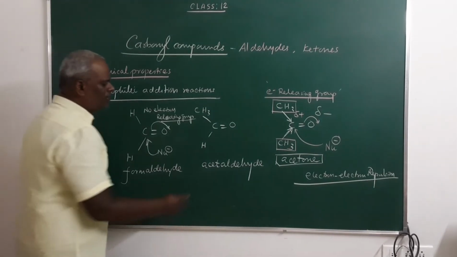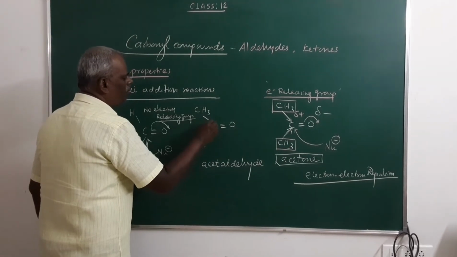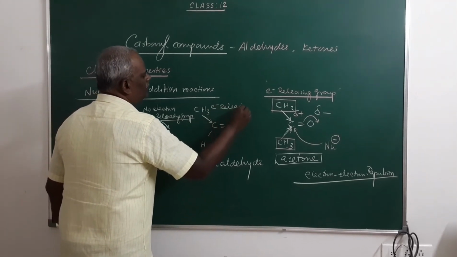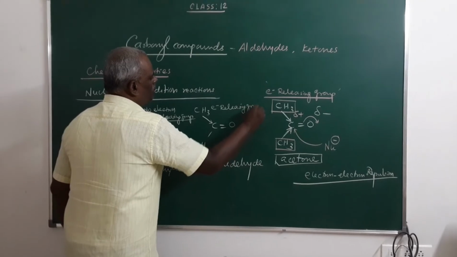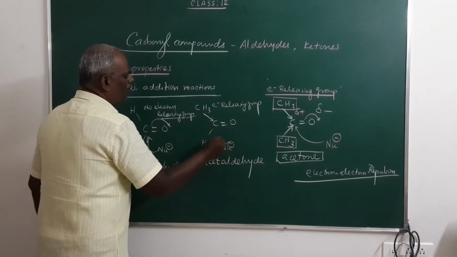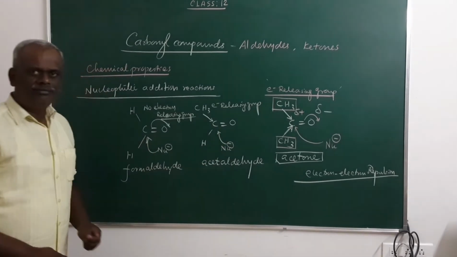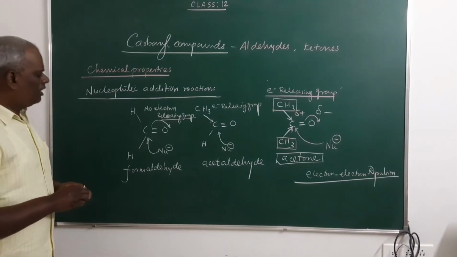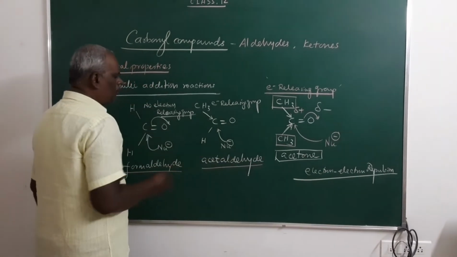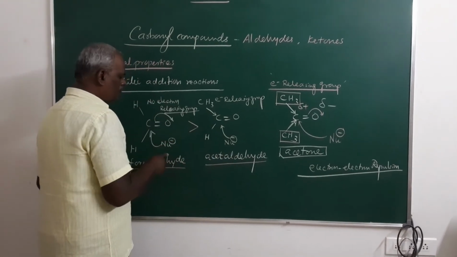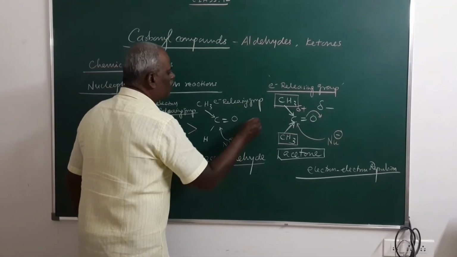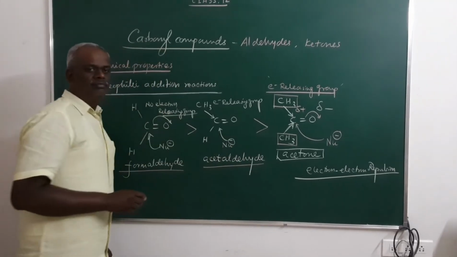But if you take the acetaldehyde, it contains only 1 electron releasing group. So there is a slight increase in the electron density, and the attack of the nucleophile is less favored. It clearly shows that among formaldehyde, acetaldehyde and acetone, formaldehyde is more reactive with the nucleophile, acetaldehyde is less reactive, and acetone is least reactive.